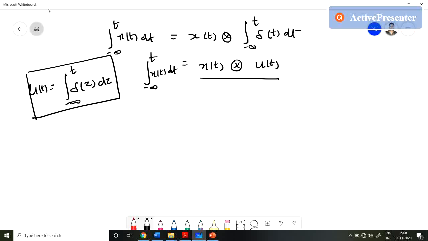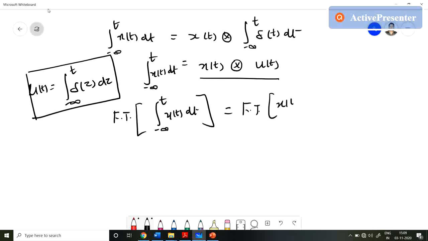So we are simply writing the integral from minus infinity to t of x(t) dt as x(t) convolution with u(t). Now if we take the Fourier transform on both sides, the Fourier transform of the integral of x(t) dt is equal to the Fourier transform of x(t) convolution with u(t), which we can write as X(omega) times the Fourier transform of u(t).